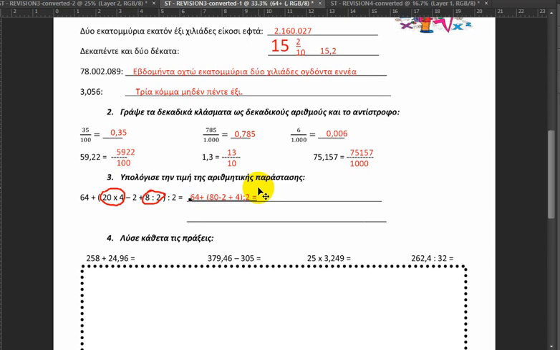Now this is equal to 64 plus, open the parentheses, 80 minus 2 plus 4. Well, this subtraction and this addition have the same priority. And what happens when we do that? We do the one that's first from the left.